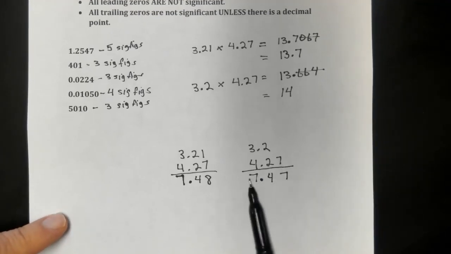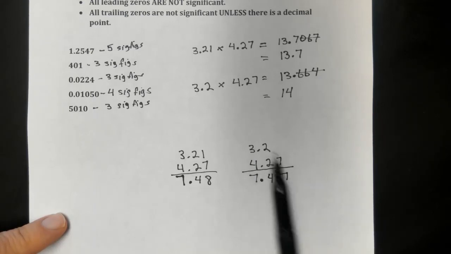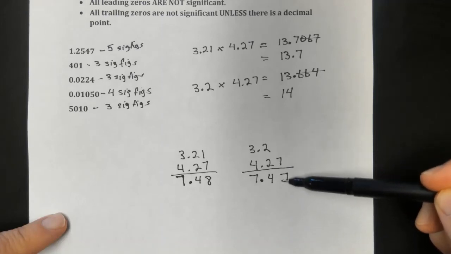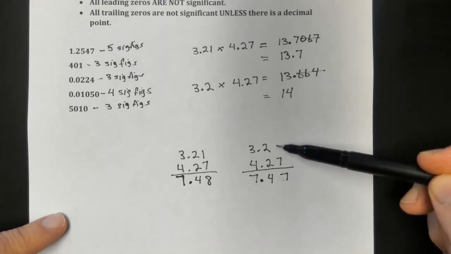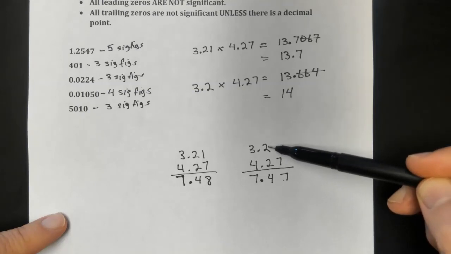Now over here, we use the rule that we learned in elementary school. We have to assume that this spot right here is 0. And again, this is a measurement. We don't know if that's a 0 out there or not. We have no idea. And so this entire column becomes unknown to us. Remember, this is where the uncertainty first arises, in the tenths place.